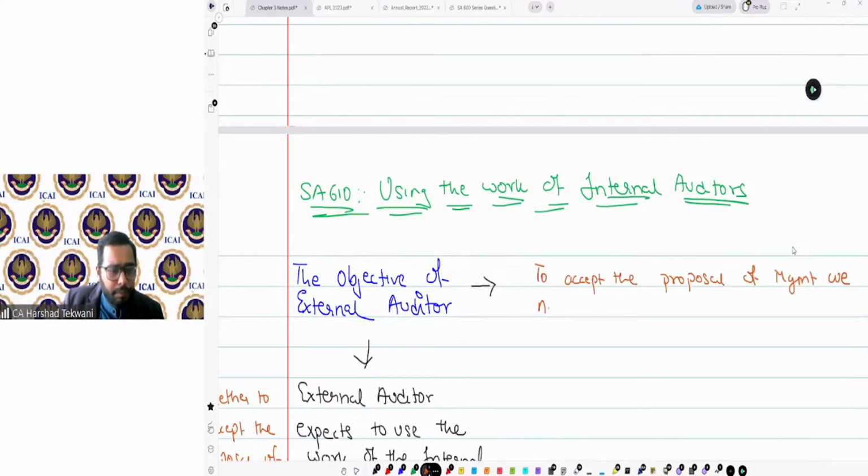We need to evaluate certain areas or factors.